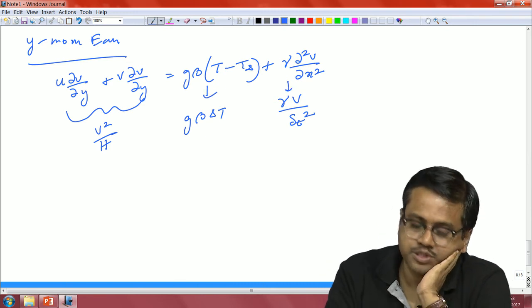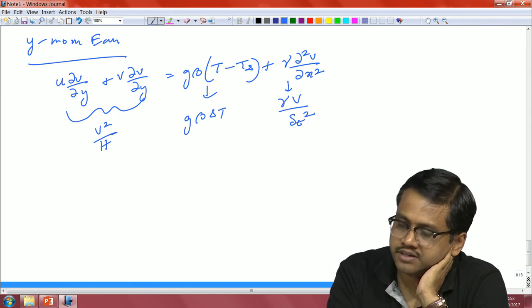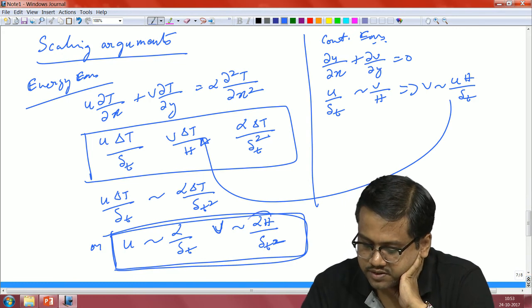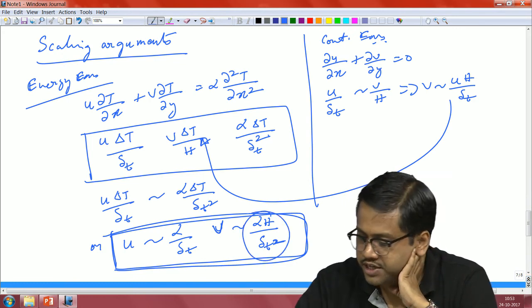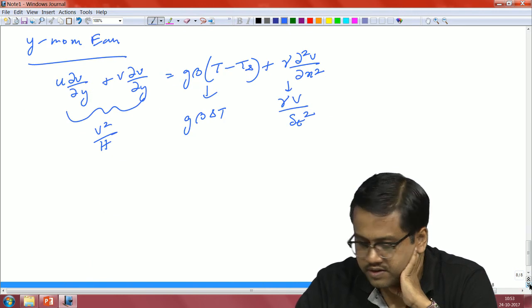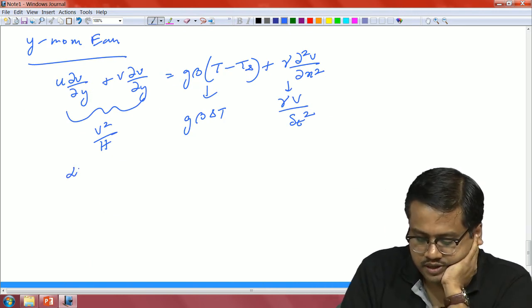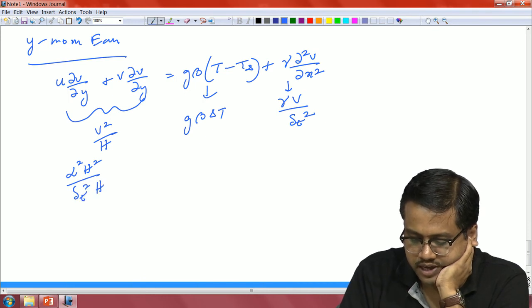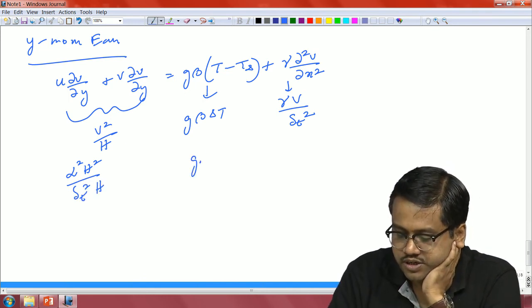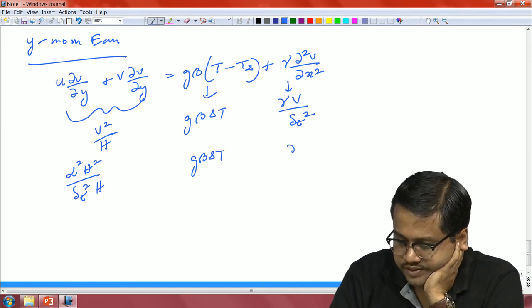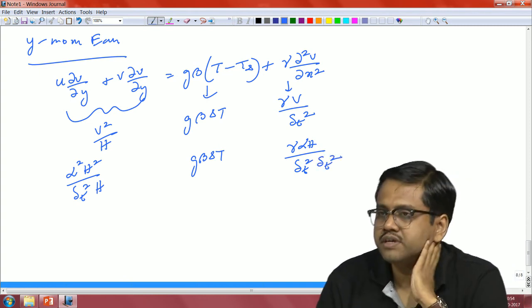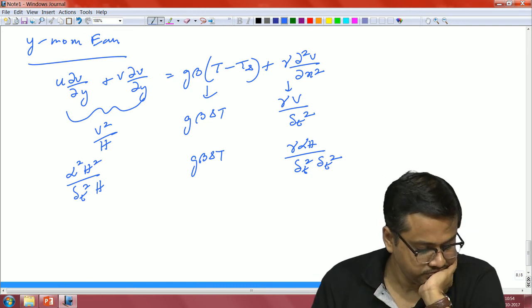Now, if you substitute for v, which we have already done in the previous page, that is alpha h by delta t square. So, let us put alpha square h square by delta t square divided by h. This is still g beta into delta t. This is gamma alpha h by delta t square, into delta t square. So, that will be the expression.